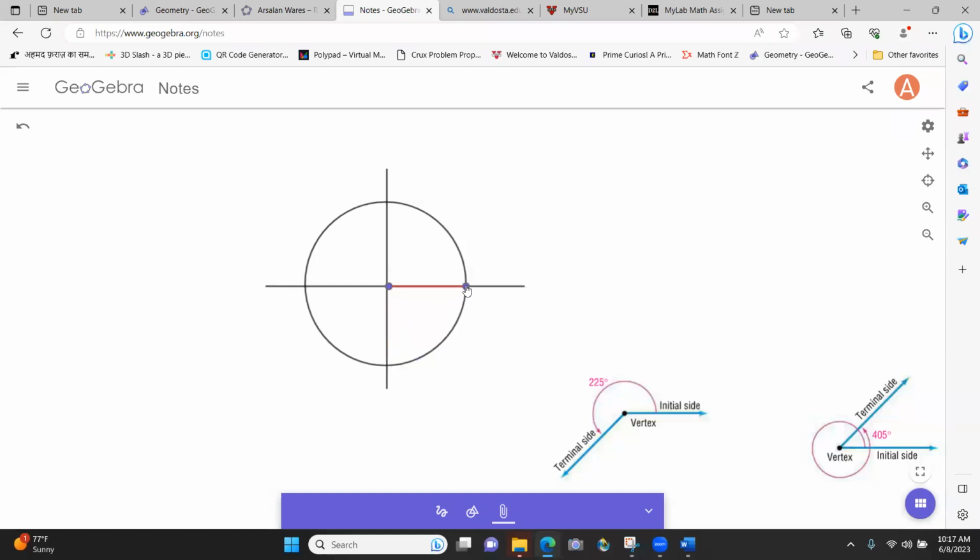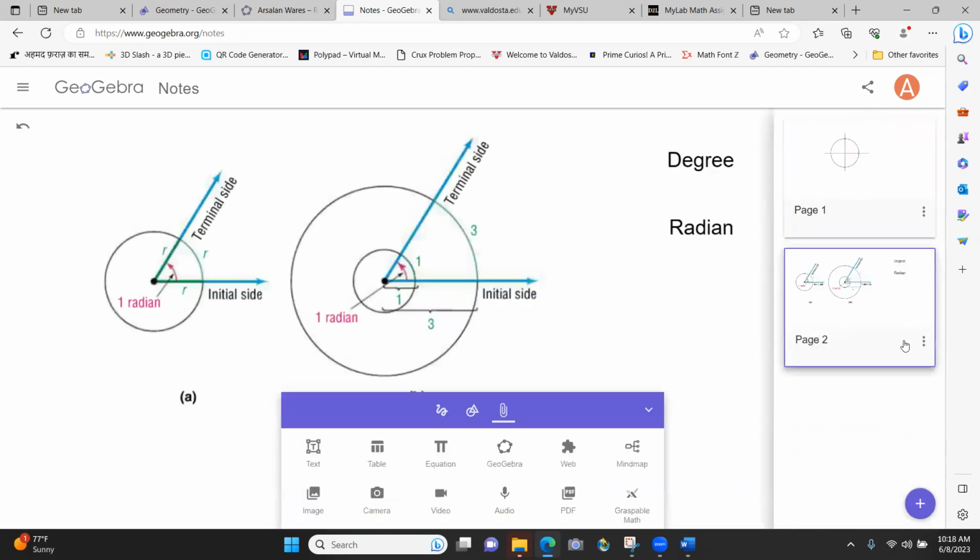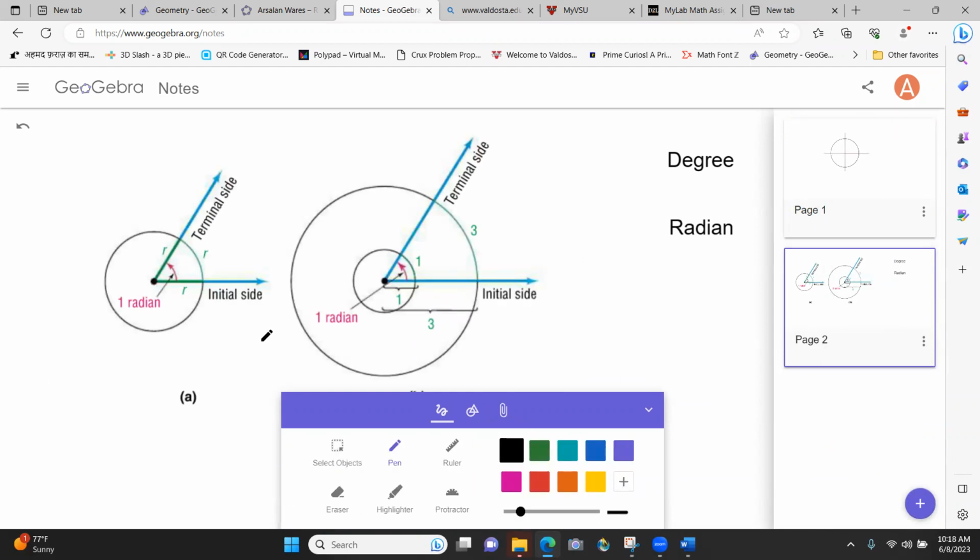Okay? Now, radian is a little different, guys. I'll define it. It throws everyone off, but I'll teach you a little trick that you can stick to, and it'll keep everything straight.